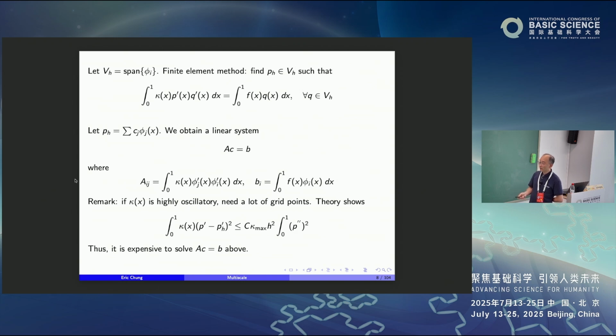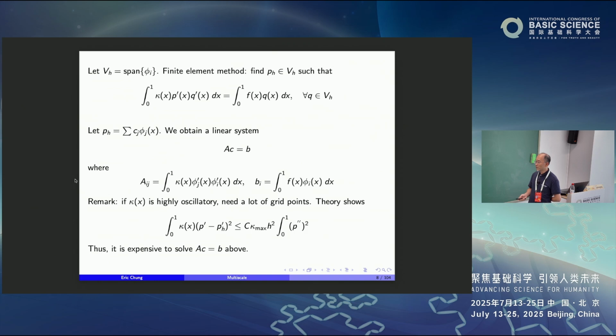So this means that if the coefficient kappa is highly oscillatory, this norm will be very large. Also, if the maximum value of kappa is very large, then this right-hand side will be very large.